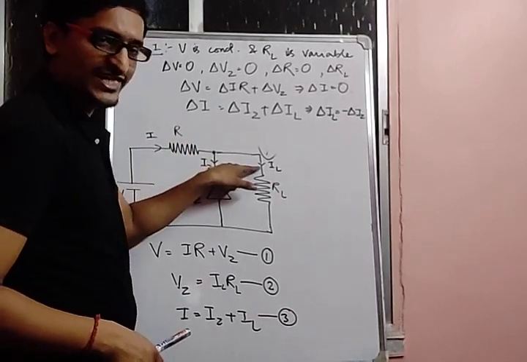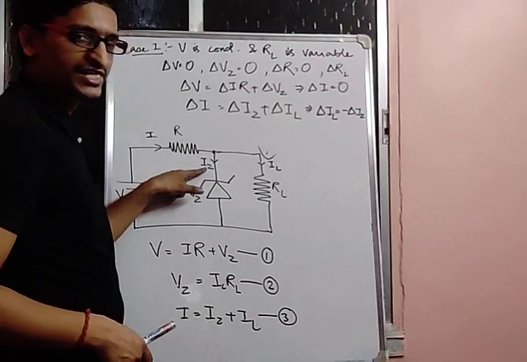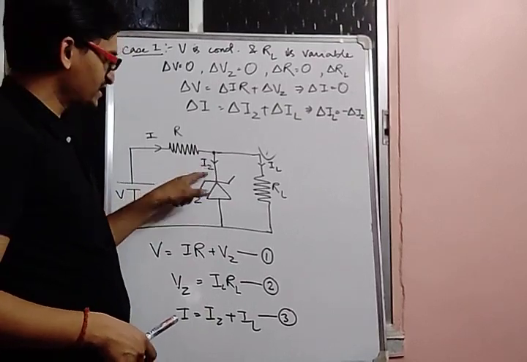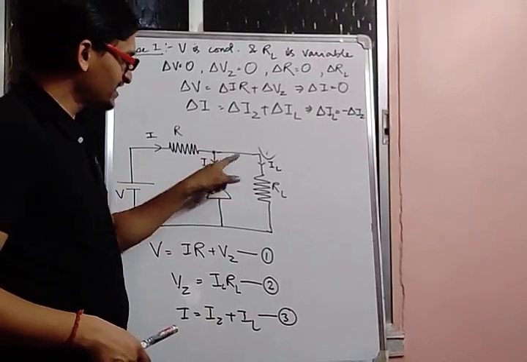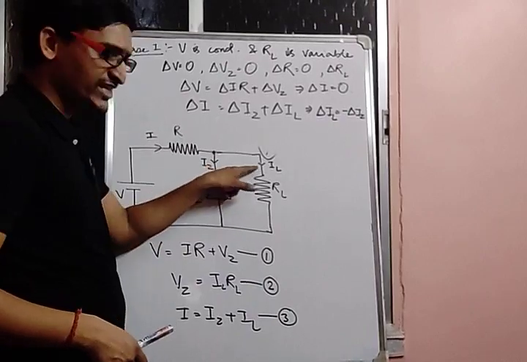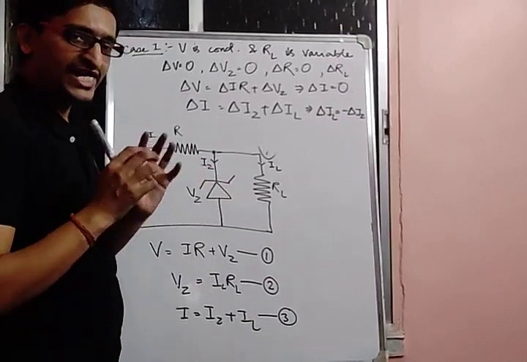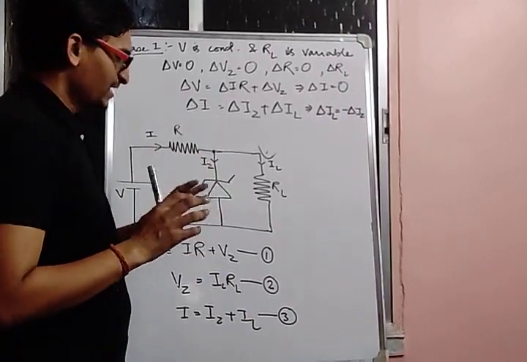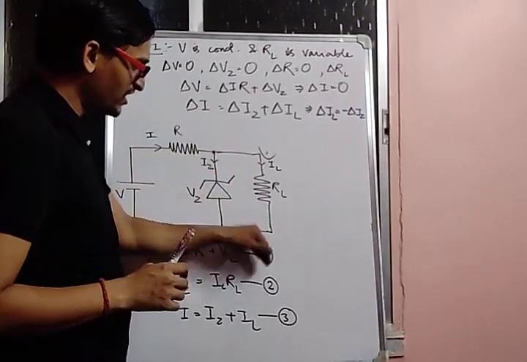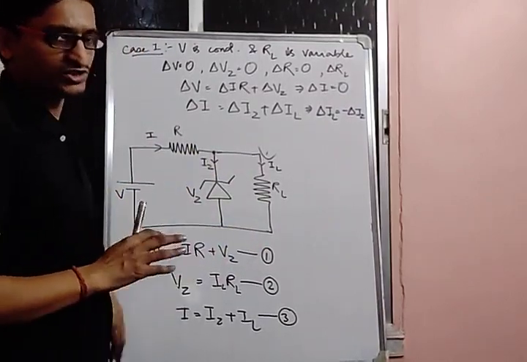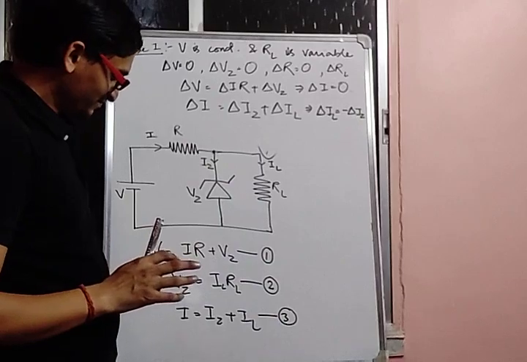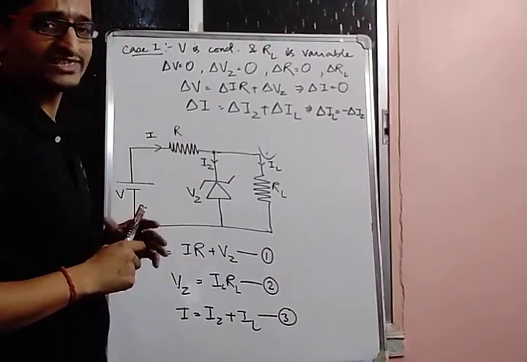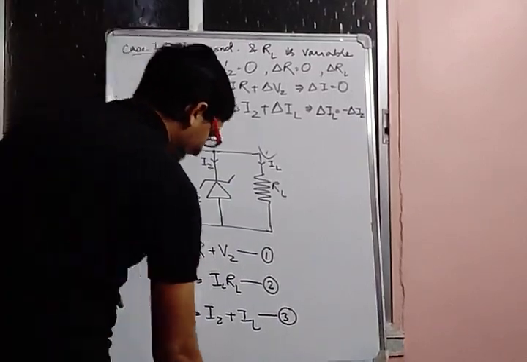If this current increases, then this current will reduce. On the other hand, if this current reduces, then this current will increase by the same amount, so as to keep the voltage constant. So this is the first case. Now let us move on to the second case.